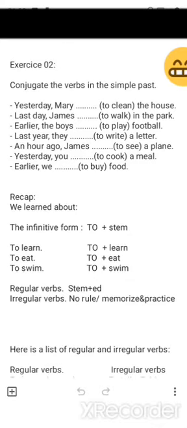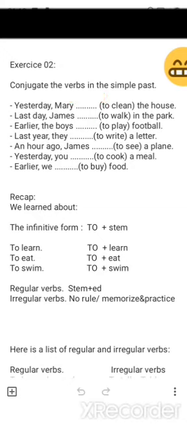And here is another exercise for us to understand more. We will learn how to conjugate verbs in the simple past. The instruction says conjugate the verbs in the simple past, and we have examples. Yesterday Mary to clean the house. Yesterday indicates that the time is in the past. We say yesterday Mary cleaned the house.